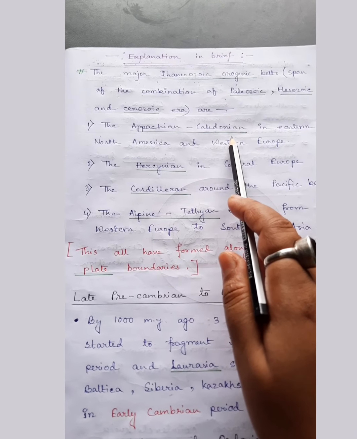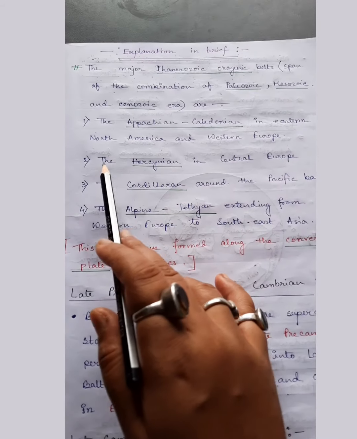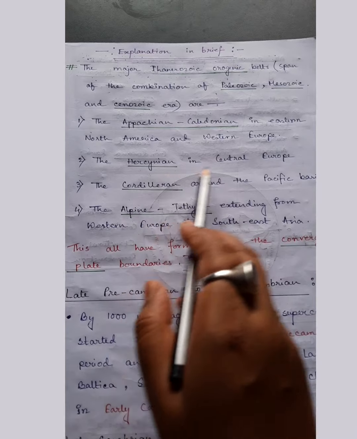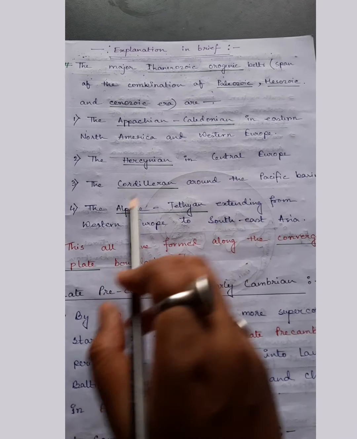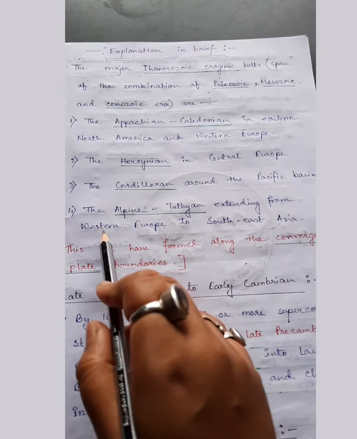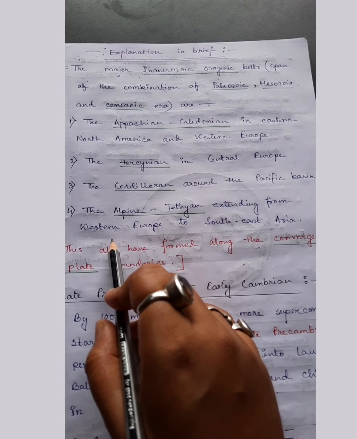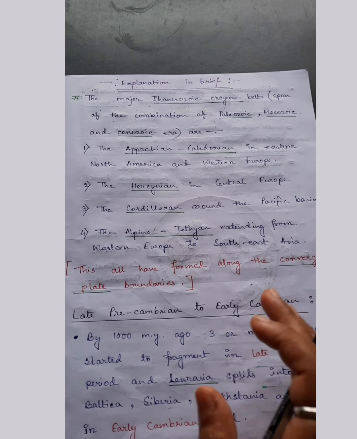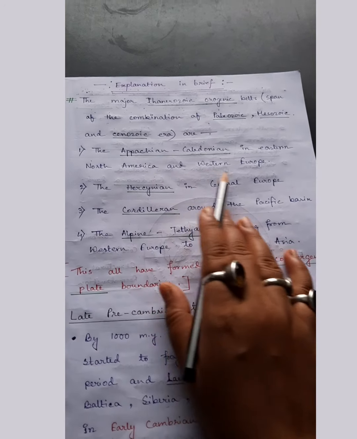Number 1 is Appalachian Caledonian. It is situated from eastern North America to western Europe. Then comes Hercynian, in Central Europe, Cordilleran along the Pacific Basin, and Alpine Tethyan, from western Europe to Southeast Asia. If you just consider the total earth, you can easily understand this.